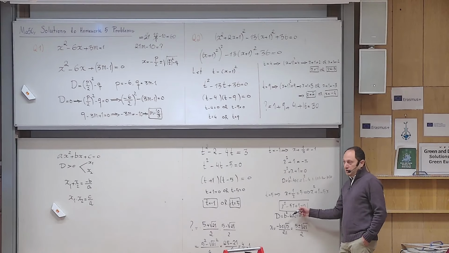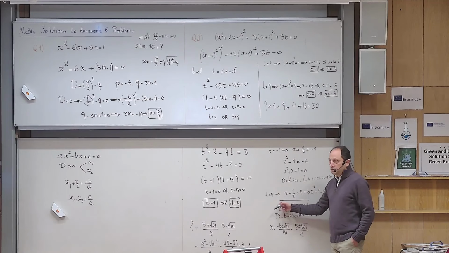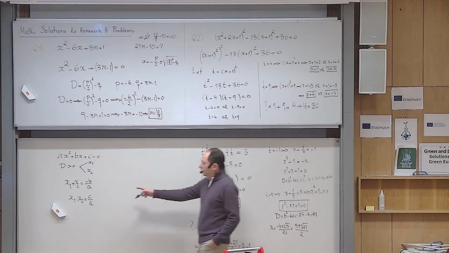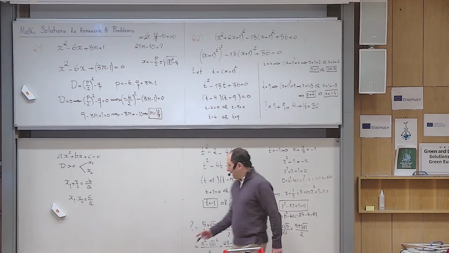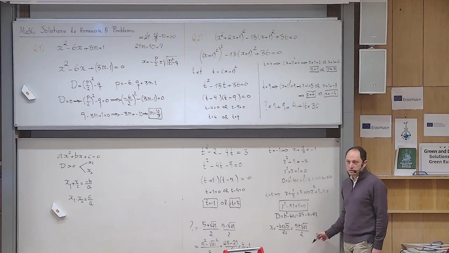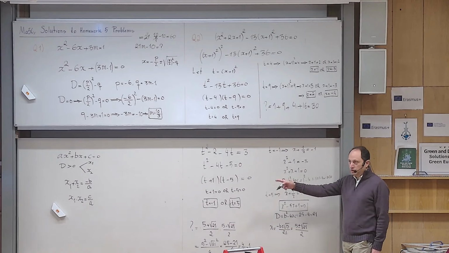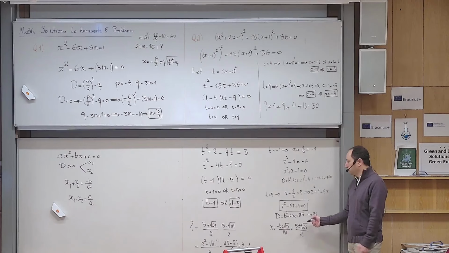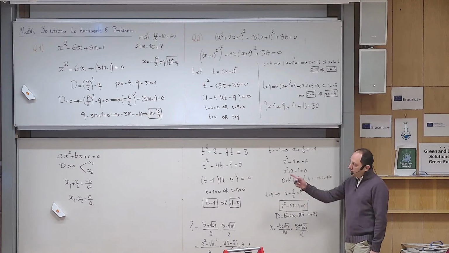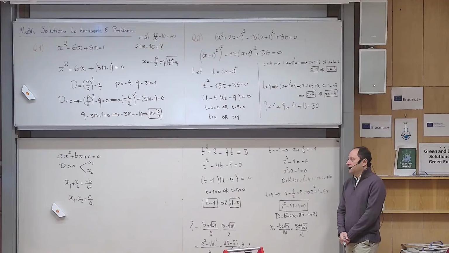It is 1. What is a in this problem? Also 1. So 1 over 1 is 1. So that's the product. But the calculation also confirms that. So even if you don't know that formula, it doesn't mean that you cannot solve the problem. We didn't know that formula, but we were able to solve the problem. But these formulas are very, very important. It's good to know about them.